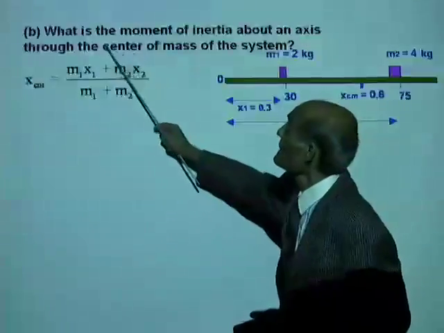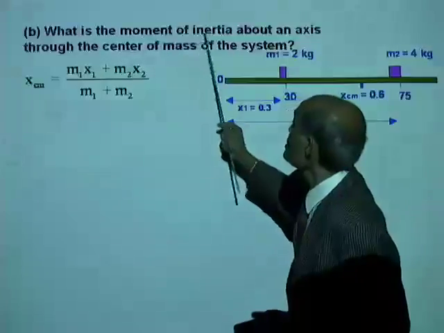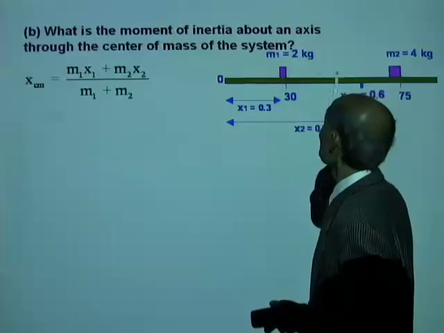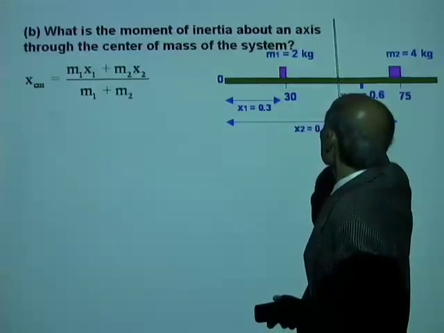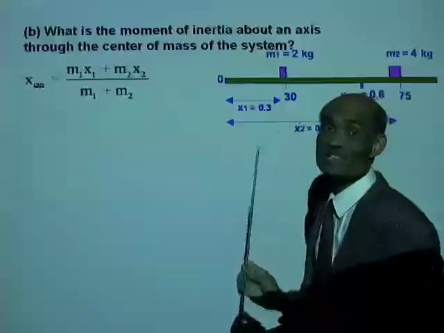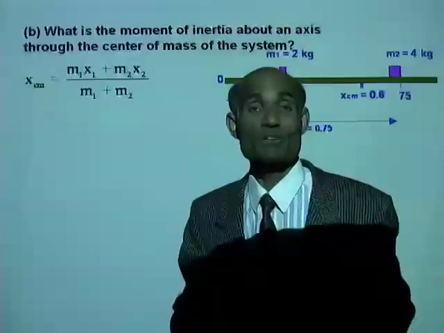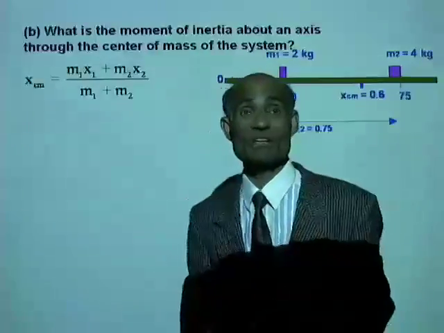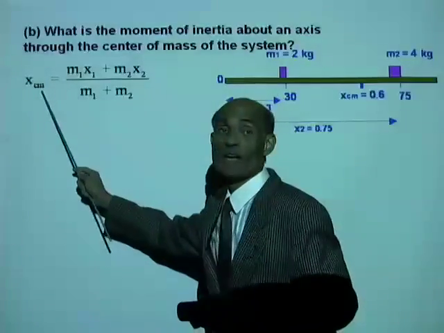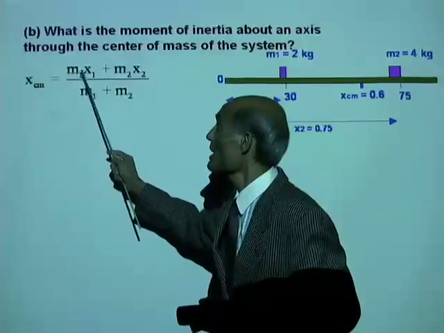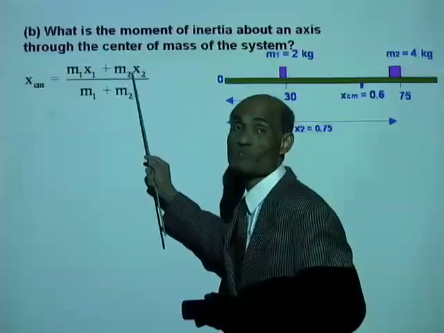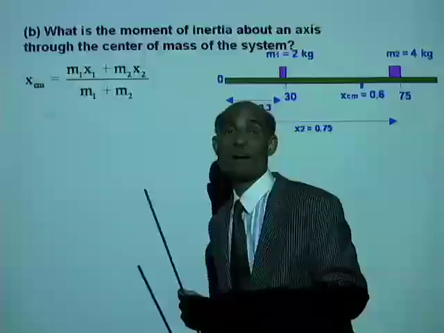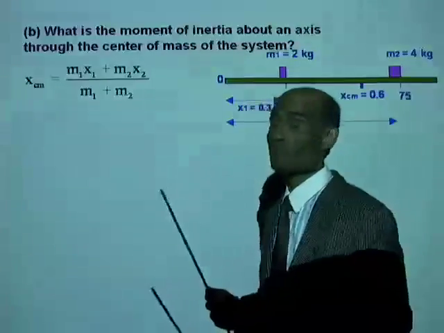First of all, we need to find the moment of inertia of these two objects about an axis that passes through the center of mass. Well, in order to do that, we need to know where the center of mass is. Where is the center of mass? X center of mass is M1 x1 plus M2 x2 divided by M1 plus M2.